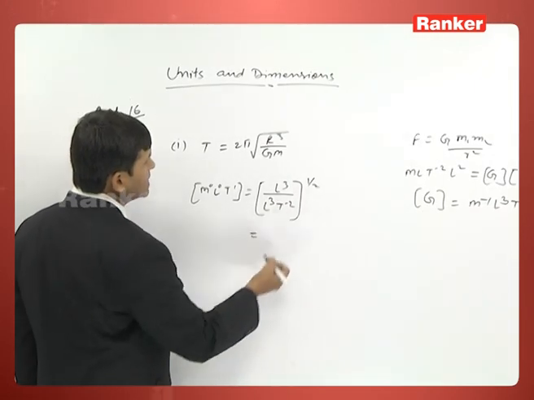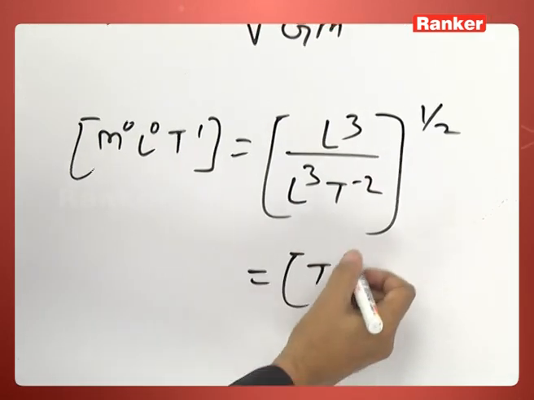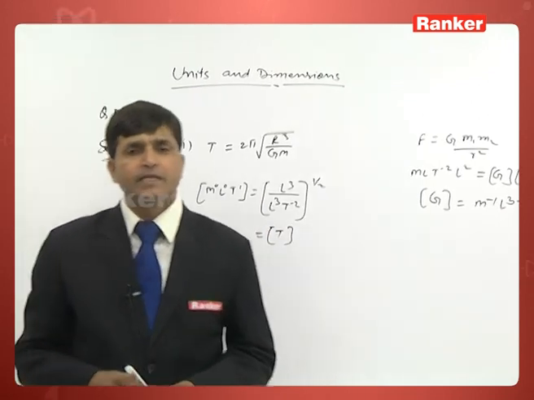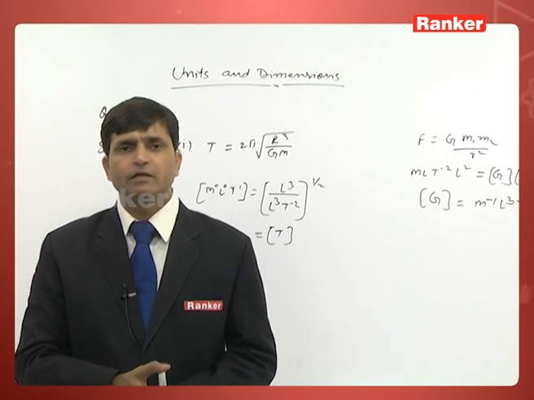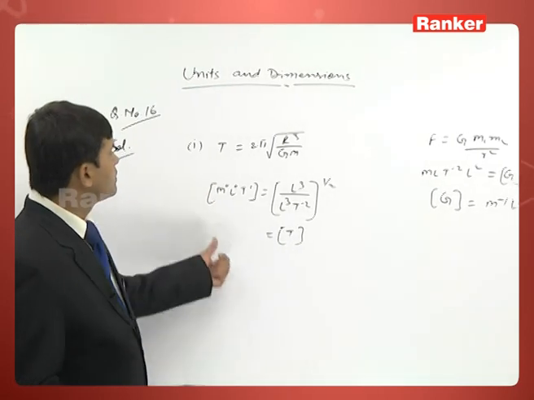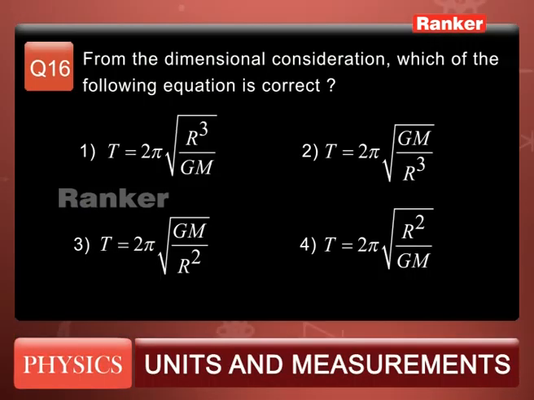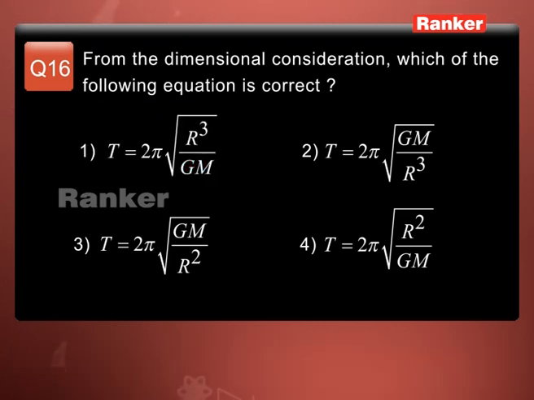L cube cancels here, so then it becomes T. So what we found is that the first option itself is the correct option, because the left hand dimension is equal to the right hand. So no need to check the other options, because there is only a single correct option. So our answer is option number 1. The first is the correct option.